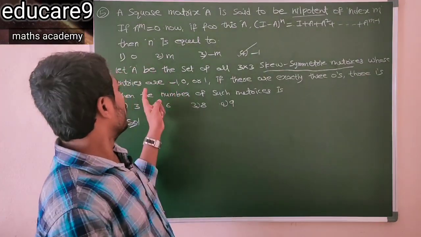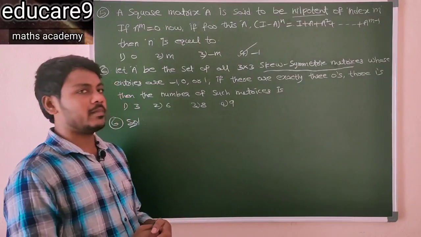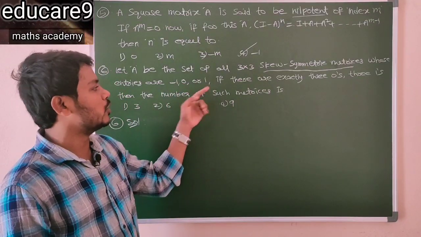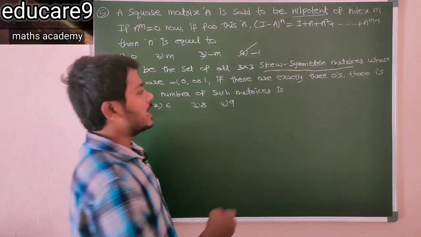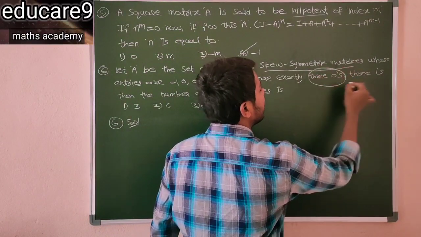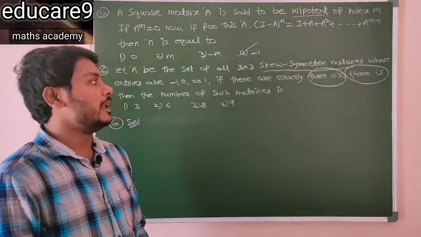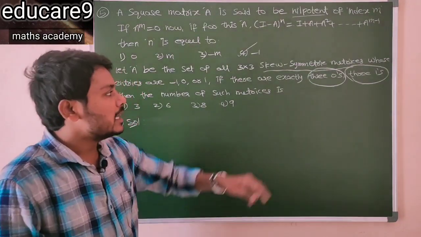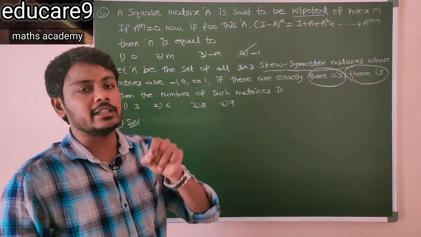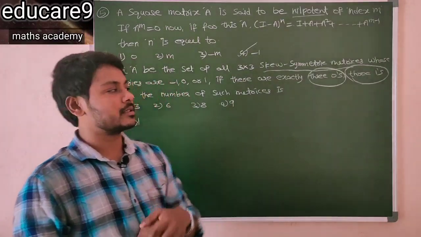Next one, whose entries are given, that is whose elements are minus 1, 0, 1, if there are exactly 3 zeros and 3 ones.